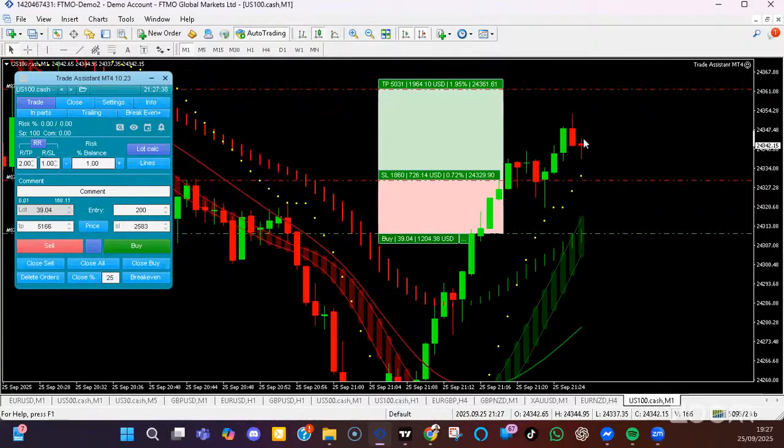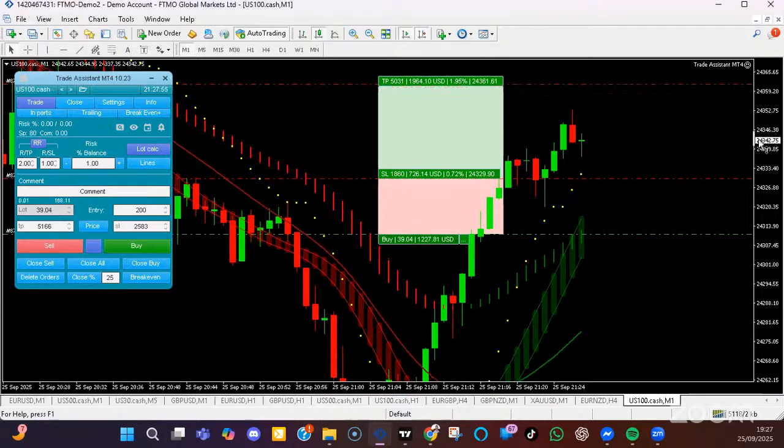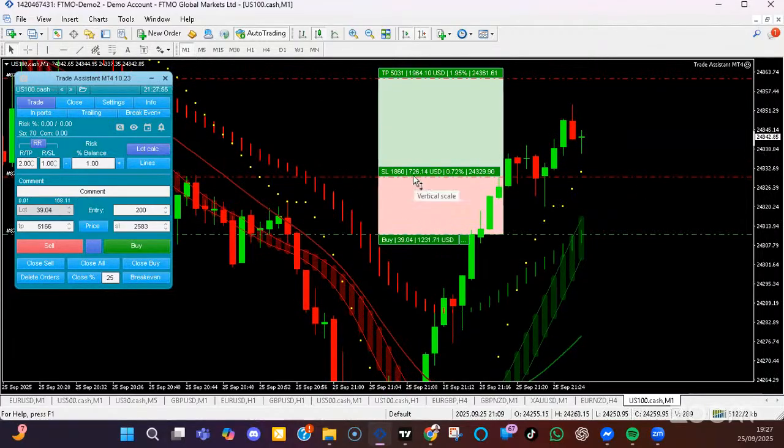If the price comes down, who knows? It might come down to get all these imbalances down here and even go beyond the stop loss. It may do. We don't know. But just in case, I've already got a little bit of money for myself, 726 US dollars on a $100,000 account.